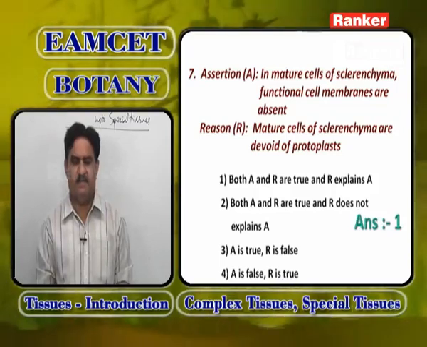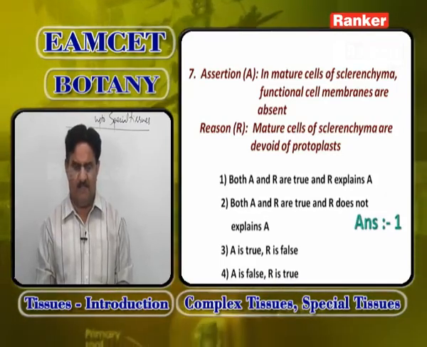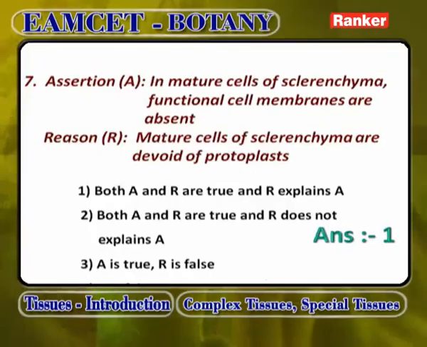This is an assertion and reason question. In mature cells of sclerenchyma, functional cell membranes are absent. Why? Mature cells of sclerenchyma are devoid of protoplast. Whenever protoplast is there, only then is the protoplasm surrounded by a cell membrane. When protoplasm is not there, there is no question of the presence of a cell membrane.